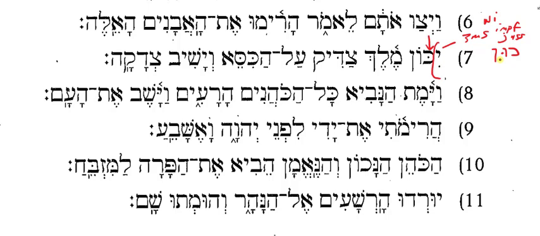Now, if it's 3ms, I'm looking for some masculine singular participant to be the subject, and it turns out that this verb is immediately followed by melech, which is masculine singular. So it's possible that the king is the subject. So it's either the king will be established, if it's imperfect, or if it's jussive, how would we translate it?